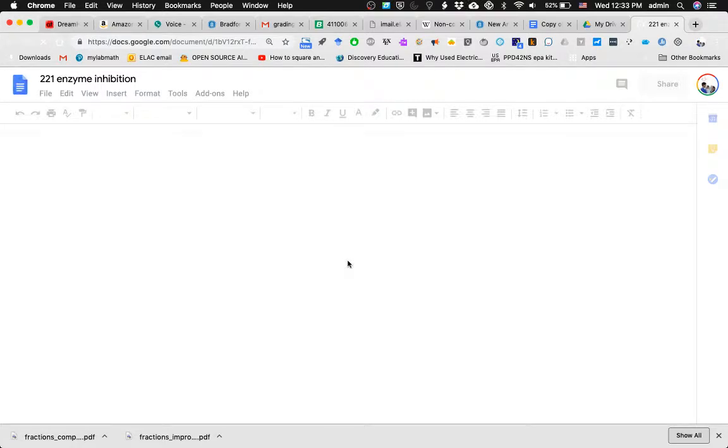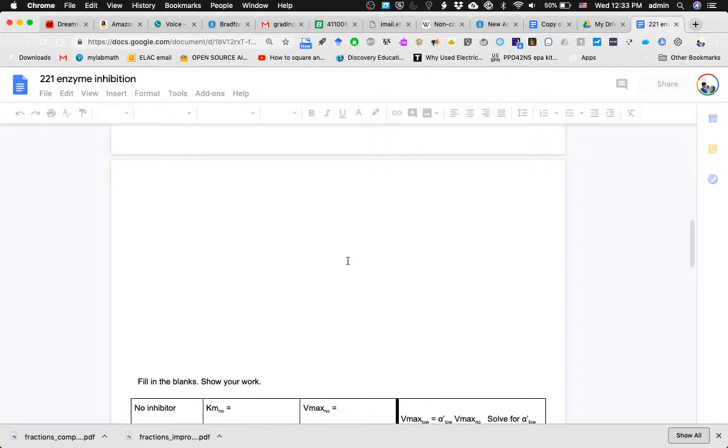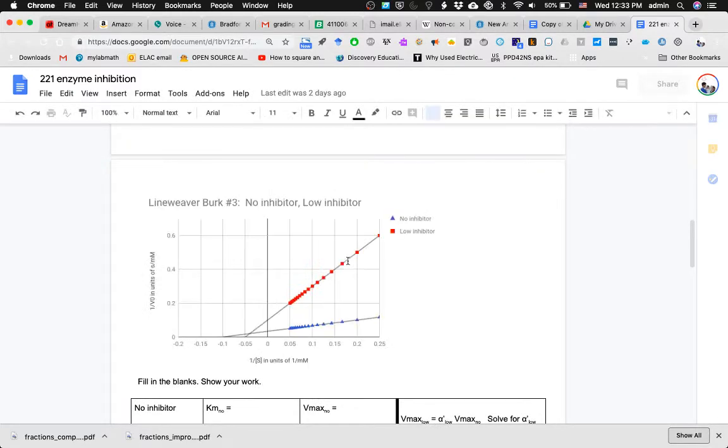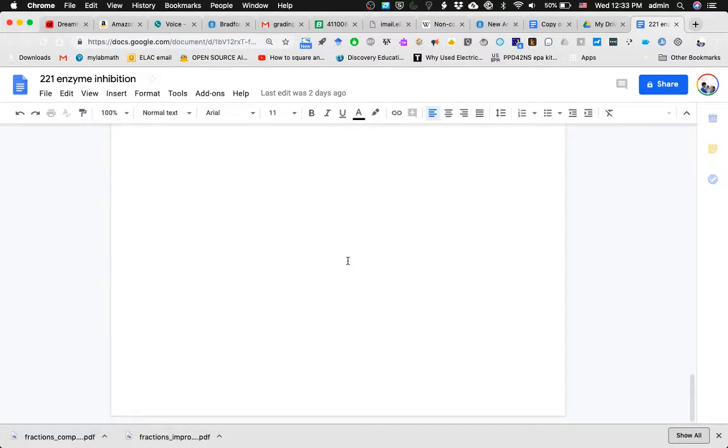Yeah, there it is. Looking for page 5 down here. Is this number 5? Nope, that's number 3. I only have up to number 3 here. I lost number 5 somehow.